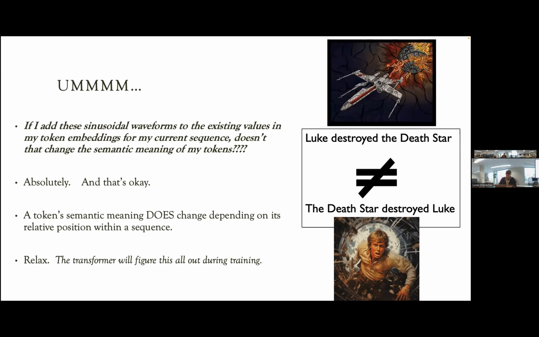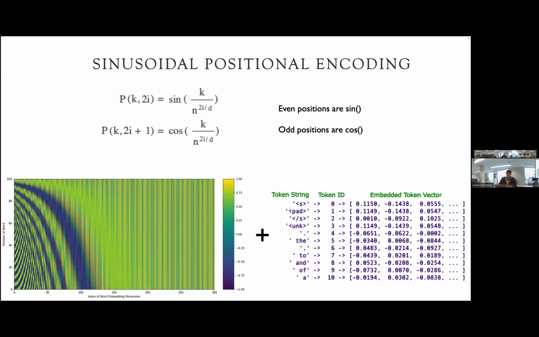So I'm not going into a lot of detail here, but the idea is that you use waveforms of different wavelengths, depending on its position in the sequence. And the idea there is that you have a pattern, and that pattern is shown there on the left, of intersecting sine and cosine waves that create this identifiable pattern.